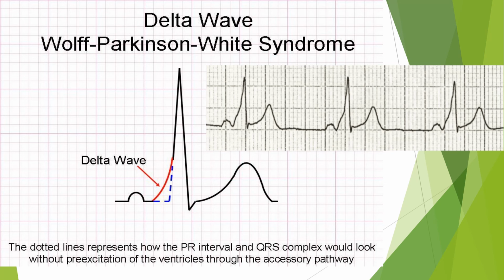The ECG on the right is an example of pre-excitation with short PR interval less than 120 milliseconds, and here is the delta wave, initial slurring of the QRS. You can also notice here that the QRS duration is widened in the presence of pre-excitation compared to the normal one.